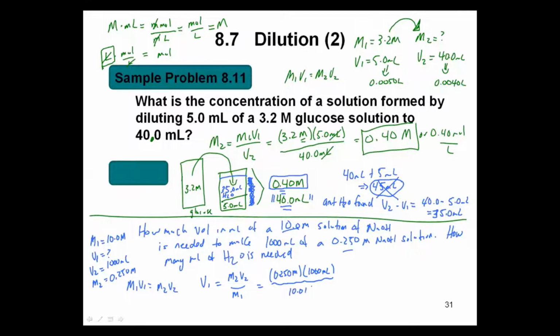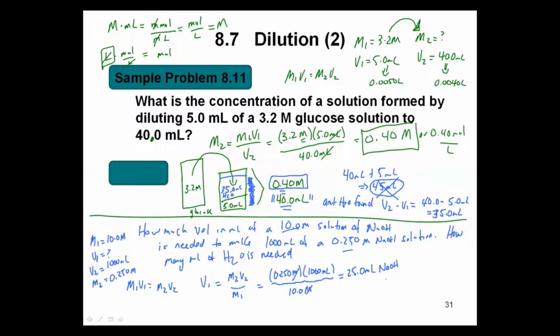And when we do leave it in milliliters, the molarity will cancel, and it is going to leave us milliliters as our answer. Again, that is the difference when you're using this formula and you leave it in milliliters. What you get out is milliliters as well. And that gives us 25 milliliters. And again, that is 25 milliliters of our sodium hydroxide solution.